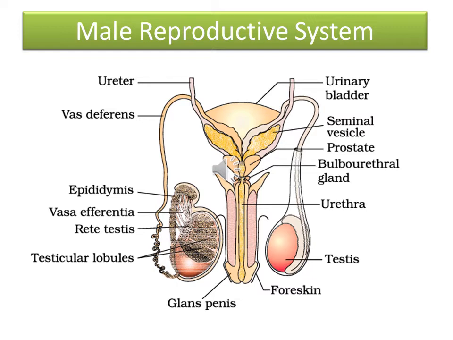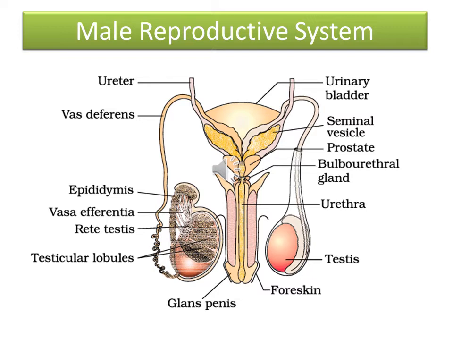Already we have learned that sperms are produced in the seminiferous tubules and stored in the epididymis, where the sperms attain functional maturity, and once they mature, they are carried by this vas deferens, and from there into the urethra.